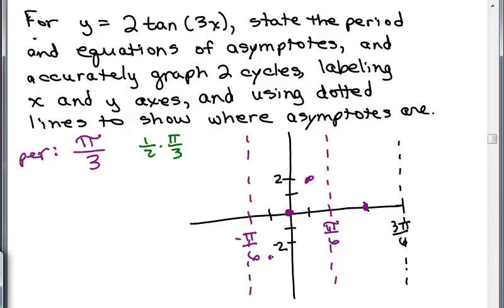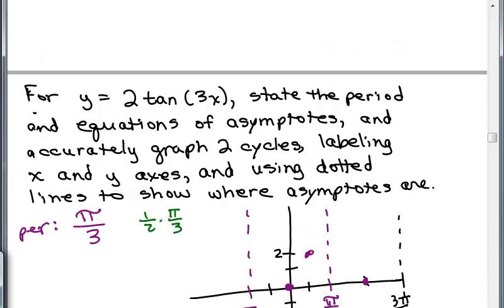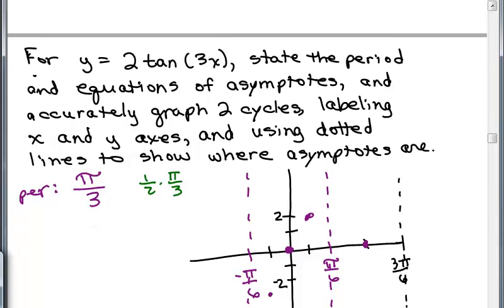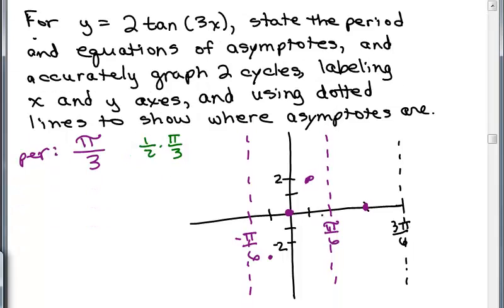Now, what ordered pair is this, by the way? Well, now this is in between 0 and pi over 6. So again, what's half of the way to pi over 6? That would be pi over 12. So this little tick mark here is pi over 12, and we're going up 2.